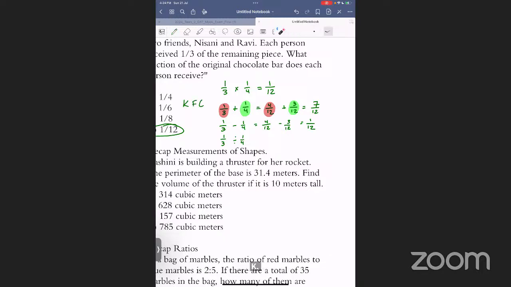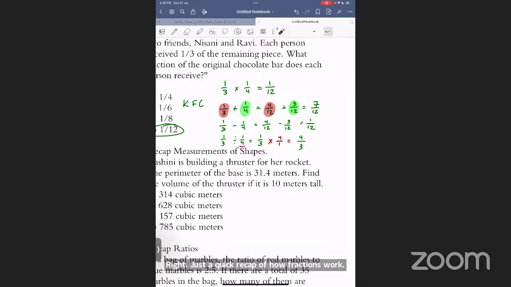You keep the first fraction, so I keep 1/3. I flip the division into multiplication, and then I change the quarter into 4/1. And now I have multiplication, which I can do. So 4 multiplied by 1 is 4. 3 multiplied by 1 is 3. Right? Just a quick recap of how fractions work.